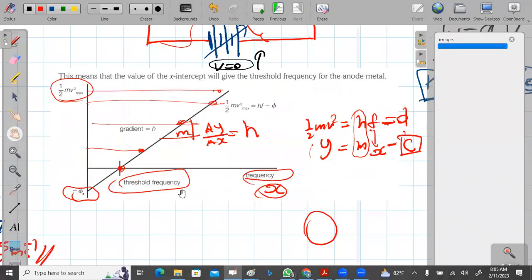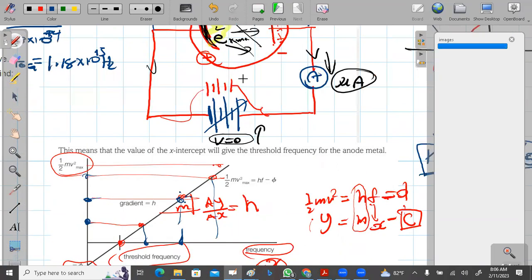No, we use different frequencies and plot the Kmax value. Kmax value is detected using what? Stopping potential. So, I told you, using the inversion of the battery, you can find out what? Stopping potential.